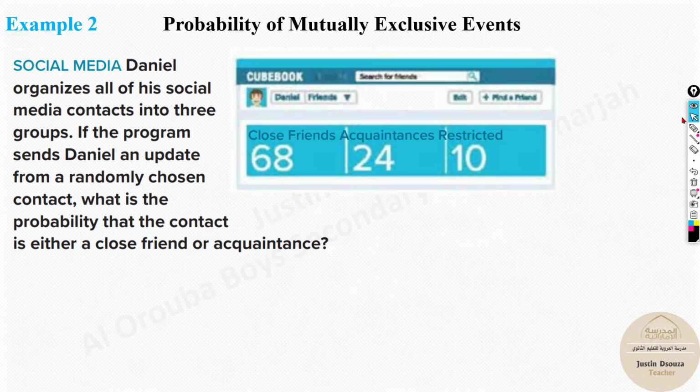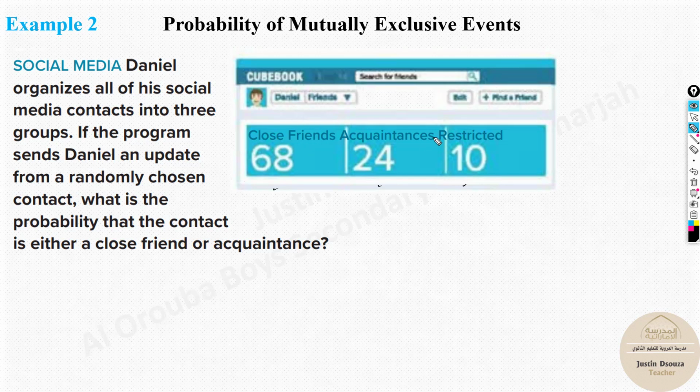Now let's look into another real world problem here. Daniel organizes all of his social media contacts into 3 groups. Okay, here we can see 1, 2, 3 groups are there. If the program sends Daniel an update from a randomly chosen contact, what is the probability that the contact is either a close friend or an acquaintance?